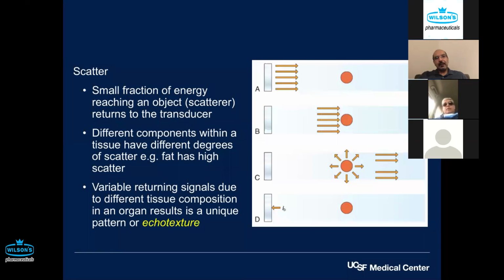If you think about the pancreas, the peripancreatic fat around it will have a different amount of scatter as opposed to the solid parenchymal tissue. And if there's a mass in the pancreas, that'll have a different amount of scatter. It's all these little things that come together to give us the different densities and echotextures that result in our final tissue image.